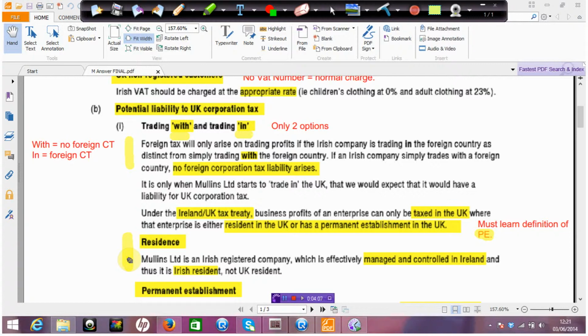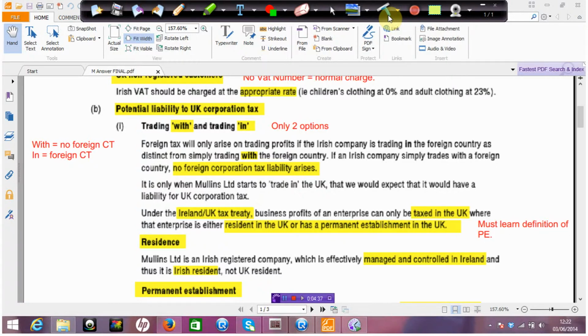Invariably, you'll find that Irish registered companies or companies incorporated in Ireland are indeed managed and controlled in Ireland. It may well be you have a situation where another country, i.e. UK, for example, may have some very, very similar rules. So you could end up with a situation where we have a dispute as to where the company is actually resident.